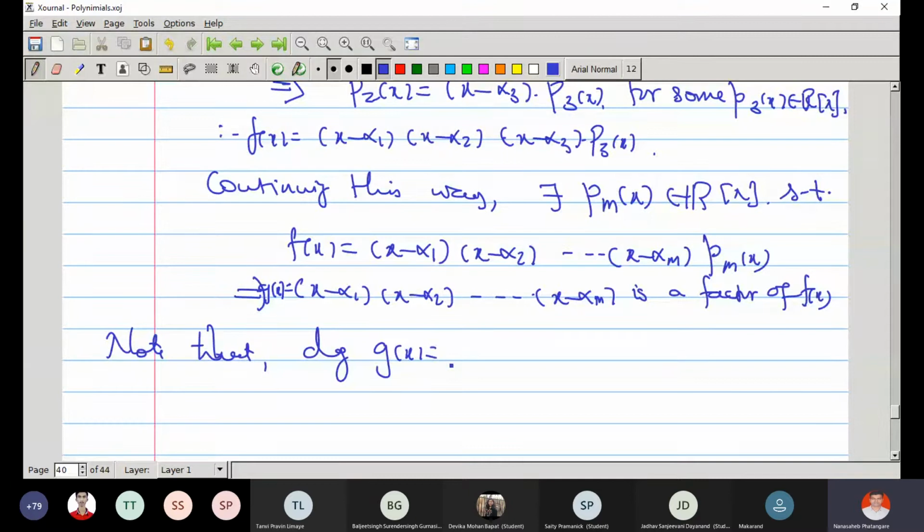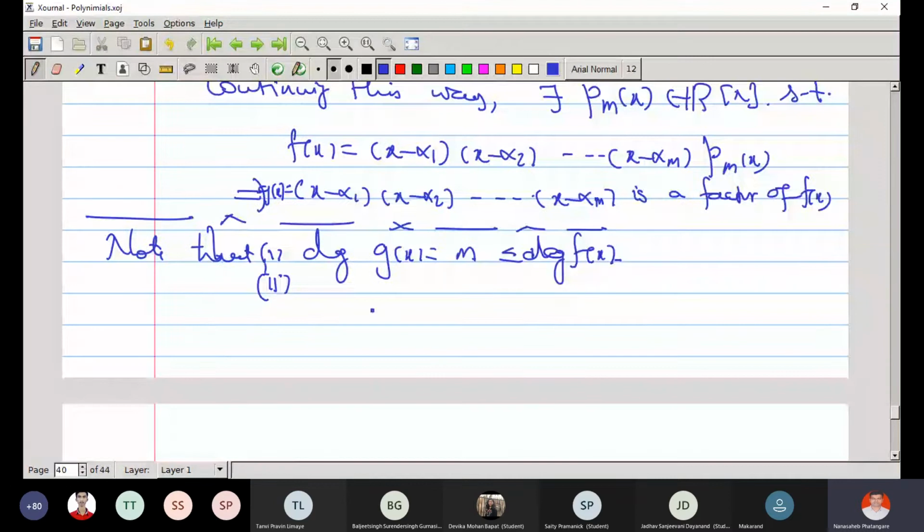In the above expression, degree of g(x) is m because there are m factors, which is less than or equal to degree of f(x), and degree of pm(x) is strictly less than degree of f(x). So the degree of factors is certainly less than the degree of the polynomial f(x).